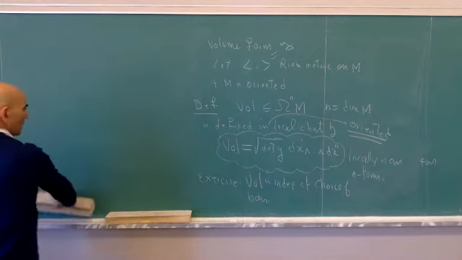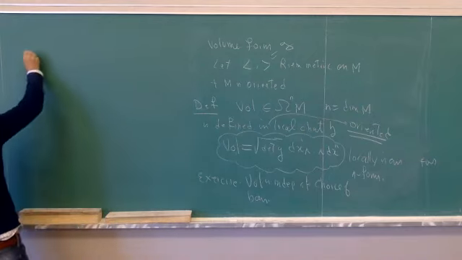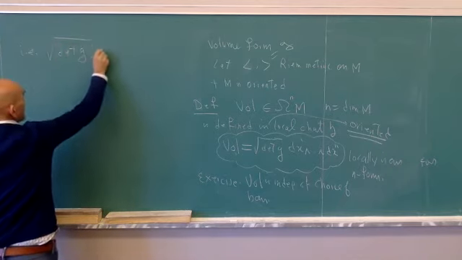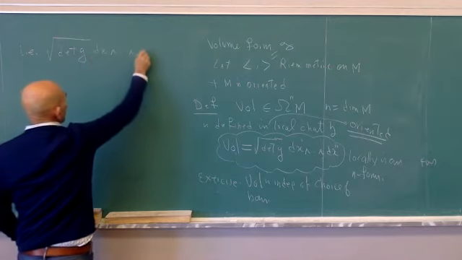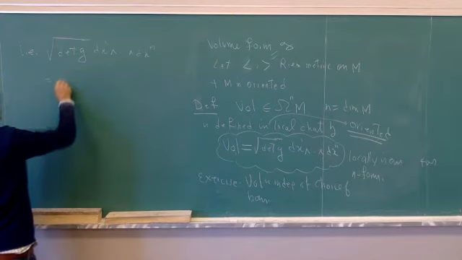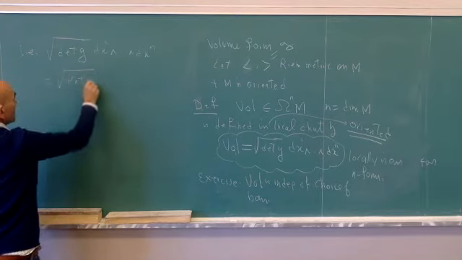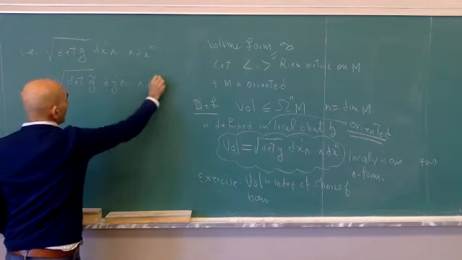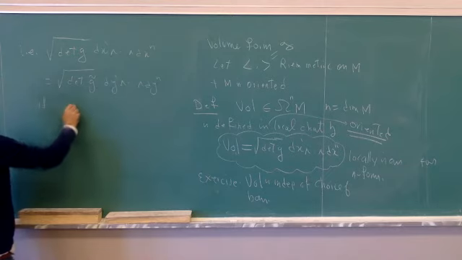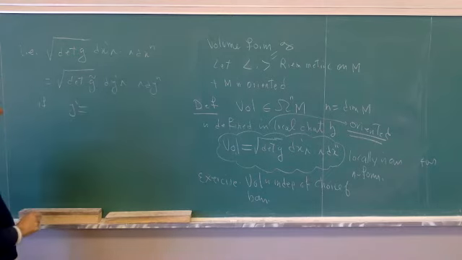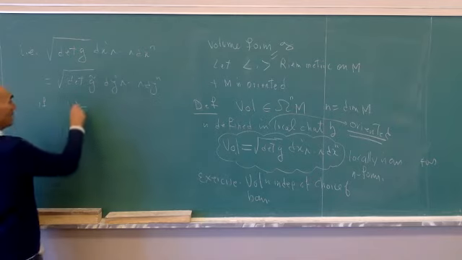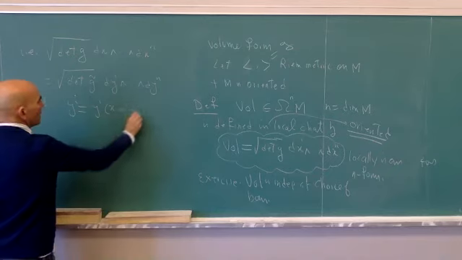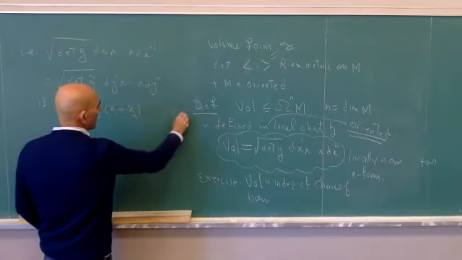We want to show that the square root of the determinant of g dx1 wedge ... wedge dxn is equal to the square root of the determinant of g tilde dy1 wedge ... wedge dyn, if yi is equal to yi of x1, ..., xn, i between 1 and n.